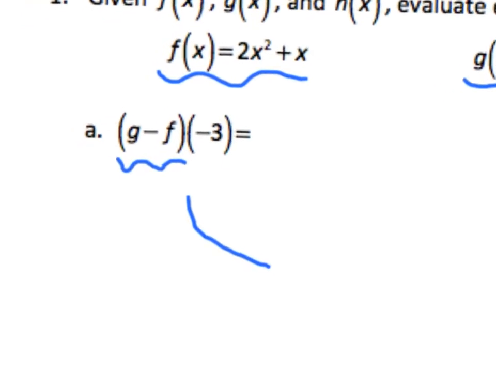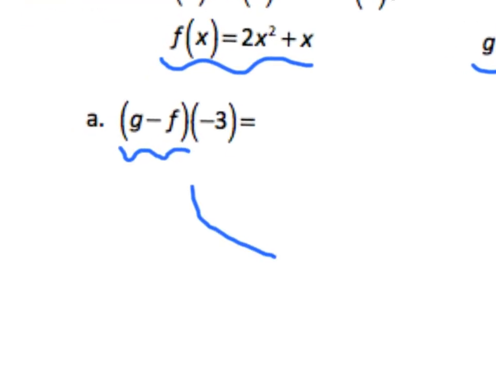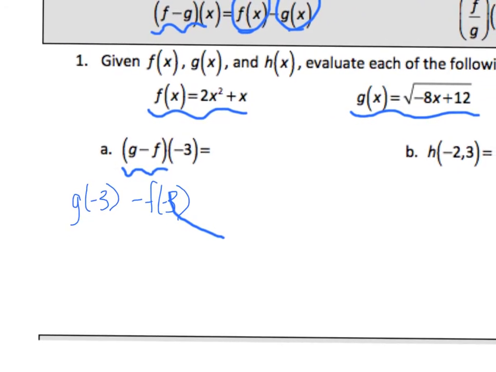So what we're going to do is separate them. And I'm going to say g at negative 3 minus f at negative 3. And now I'm going to take g, and g is that square root function. So I'm going to put in negative 3 every time I see x.